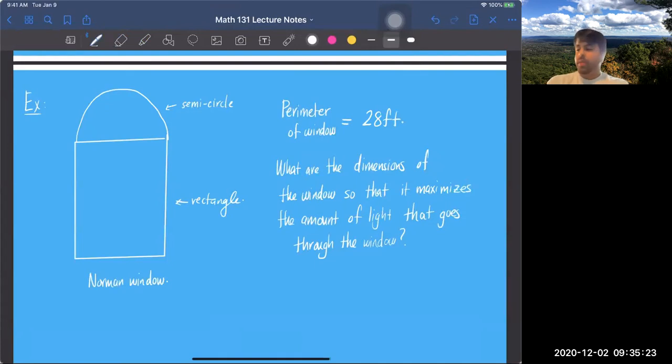So we have the sketch of this, and I'm going to give you a few more dimensions here. This will be the center of the semicircle. I'm going to call this x, and this here y. So I created the variables.